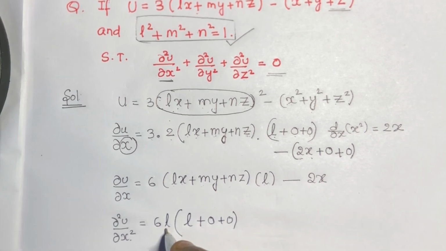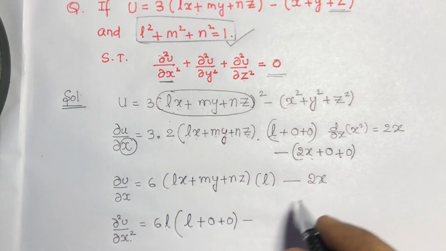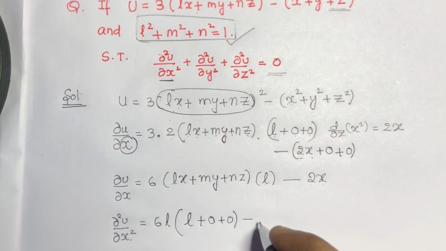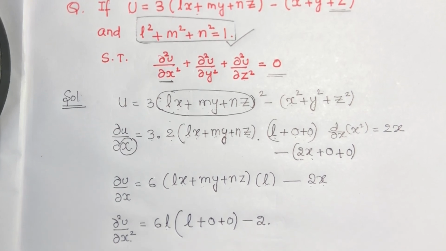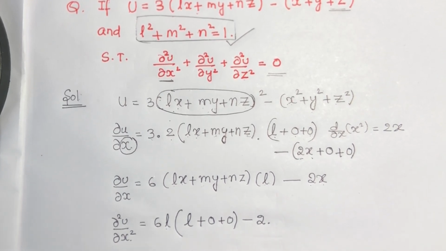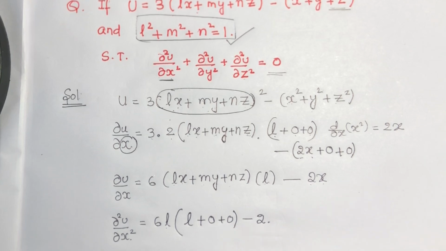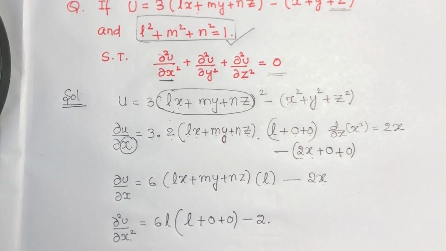Already wrote L in front, minus partial differentiation of 2x is 2. So this is my dou square u by dou x square value, which is equal to 6L into (L minus 2), and it will become 6L square minus 2. So treat it as equation number 1.